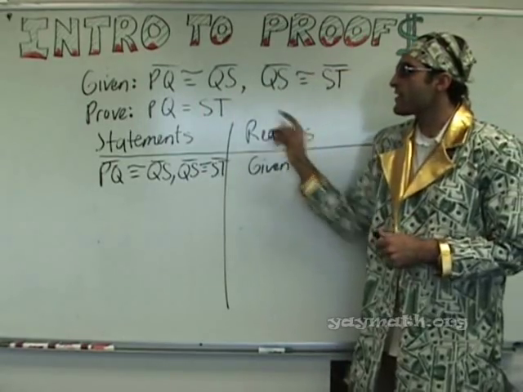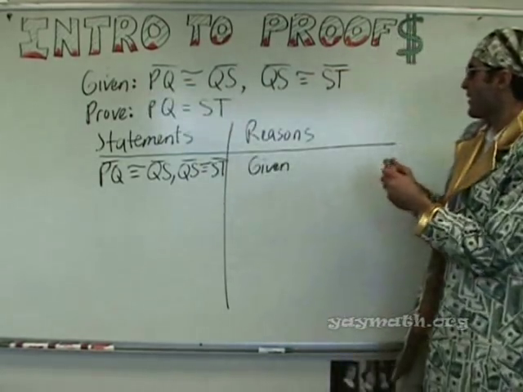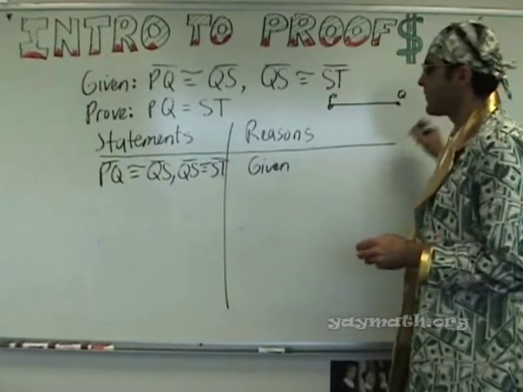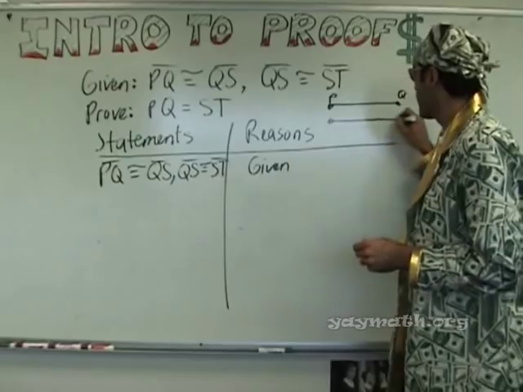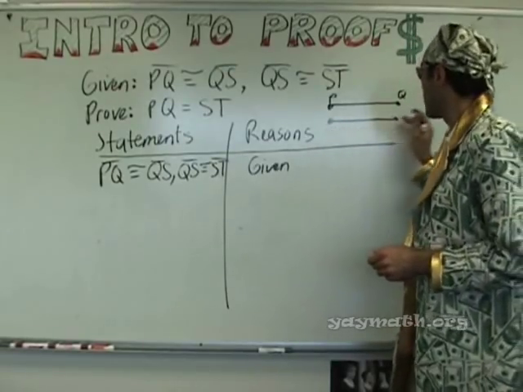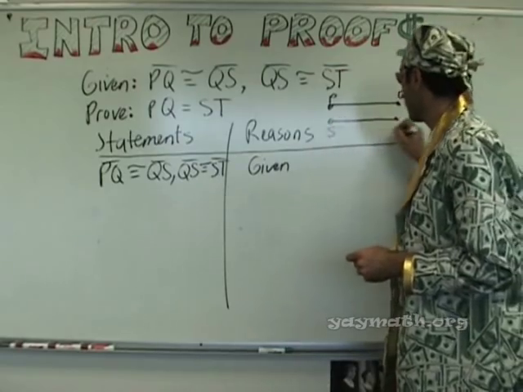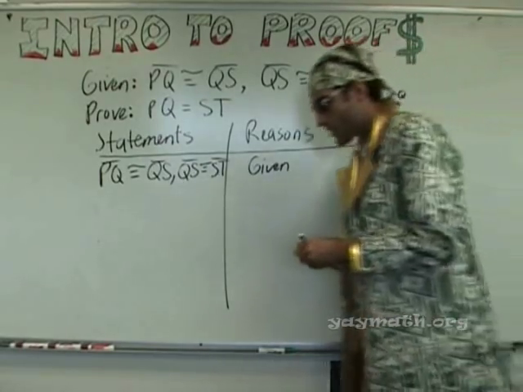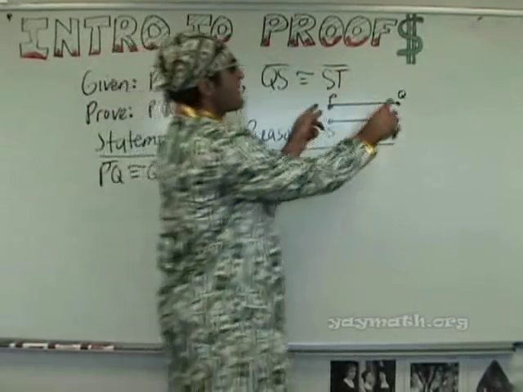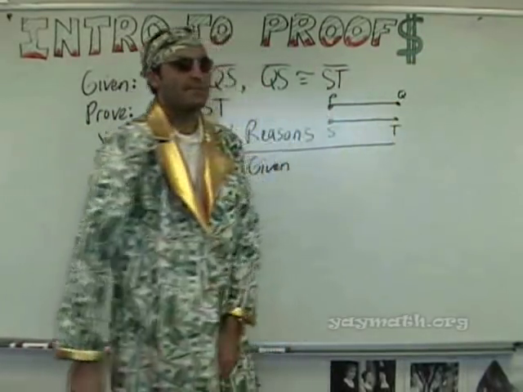It basically implies that this line, let's say PQ and ST, let's do it that way. To say that PQ is congruent to ST means that this line is the same as this line.